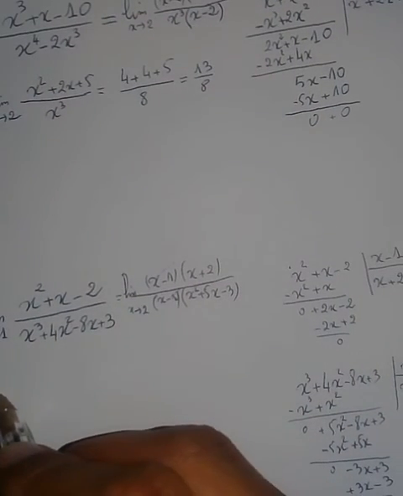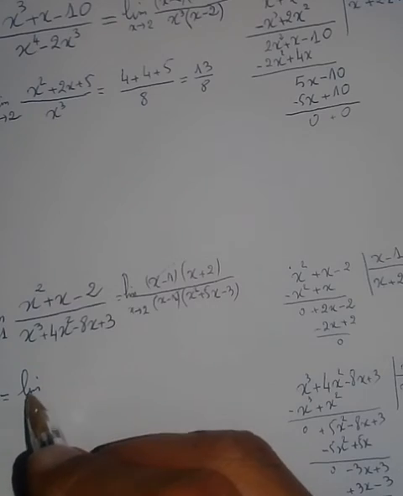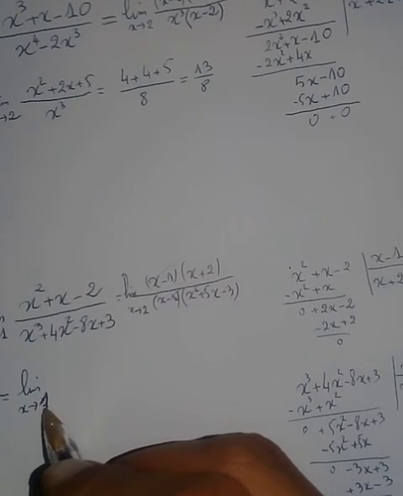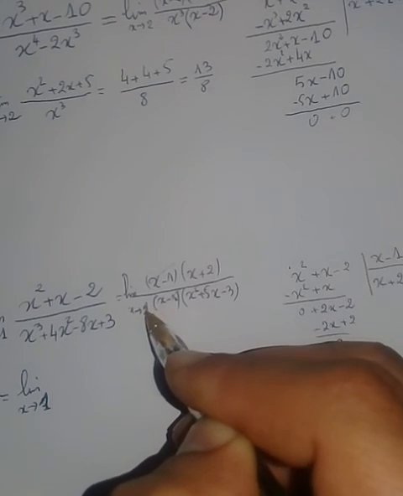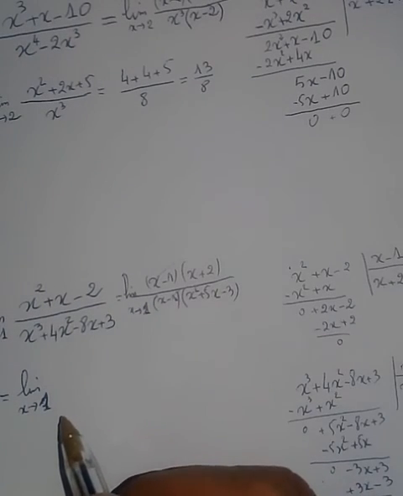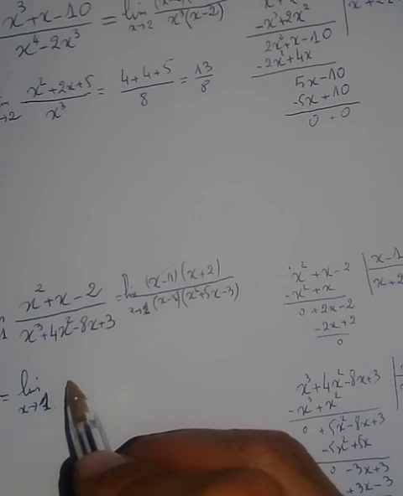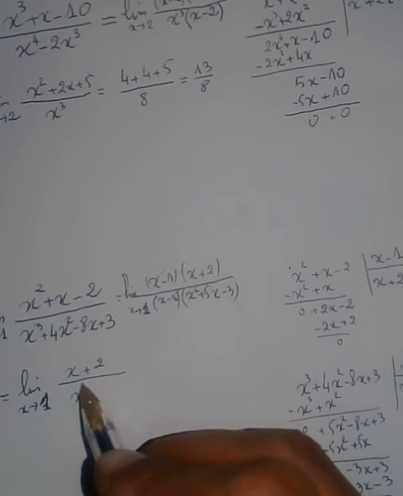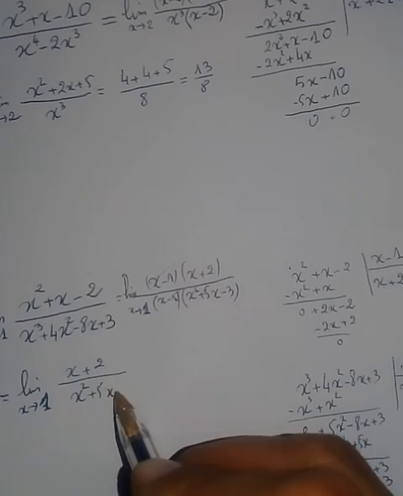I'm left with the limit as x approaches 1 of x plus 2 over x squared plus 5x minus 3.